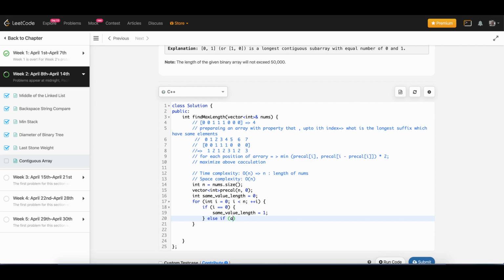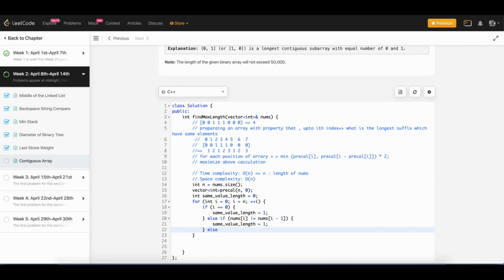Else if nums of I is not equal to nums of I minus 1, so this is a transition phase. Suppose there was 0 0 and it moves to 1, like from 0 to 1, a transition phase. In this transition phase, nums of I is not equal to nums of I minus 1. In this case, whatever the same value length was before, it will now be equal to 1.